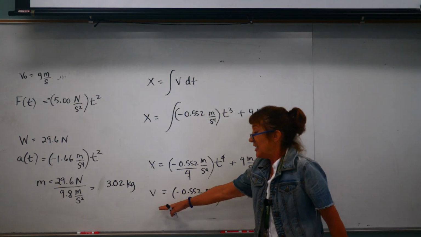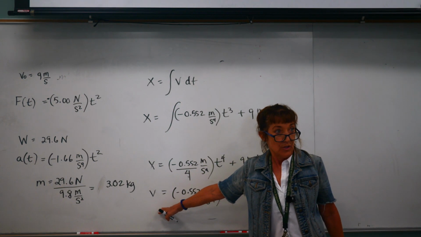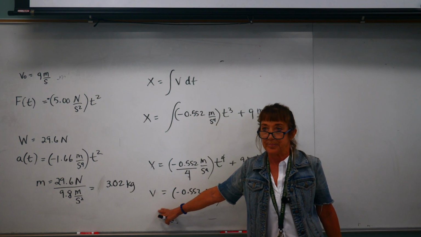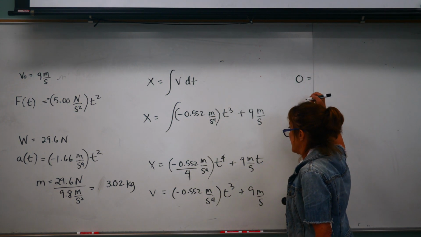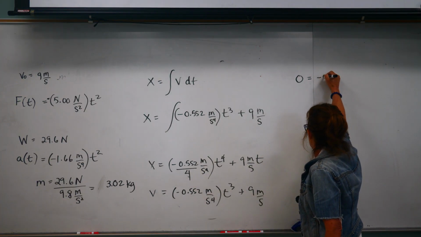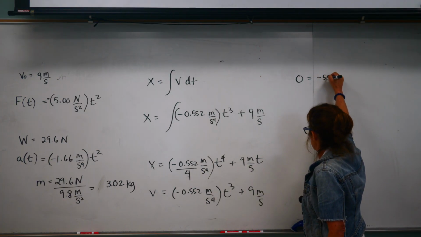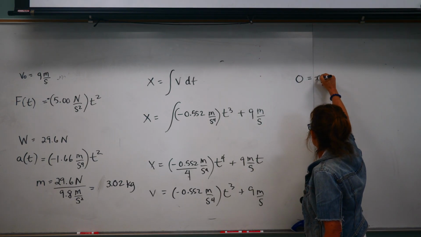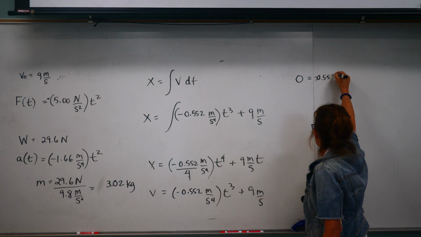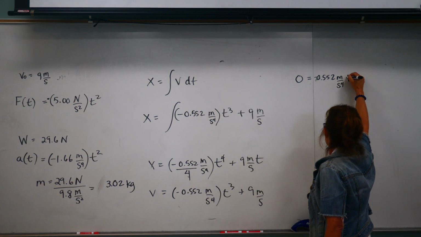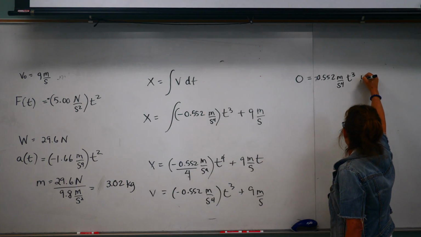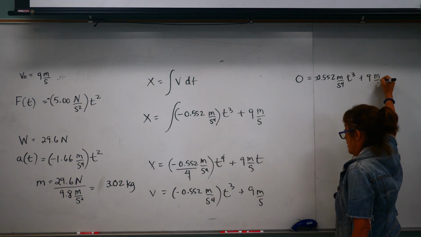So I'm going to solve for that. So I want to know the time when v equals 0 now. Okay? So 0 equals negative 0.552 meters per second to the fourth times t cubed plus 9 meters per second.